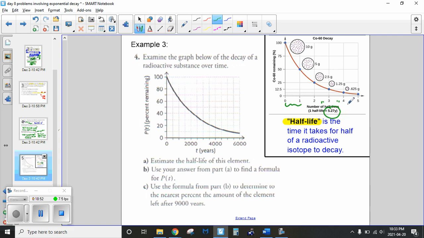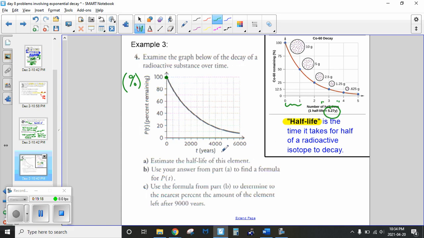Hopefully that little story made sense, and we'll do a similar one here in our real question. Okay, so in our graph, we're starting with percent remaining of a substance on the y-axis. So these are percents, just to keep reminding us of that. We're starting with 100% and dropping.